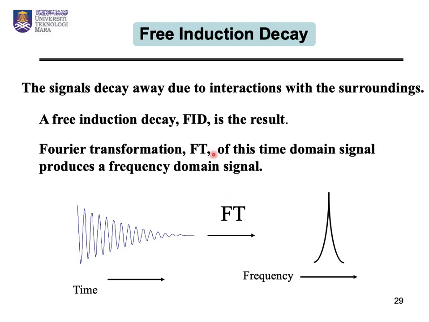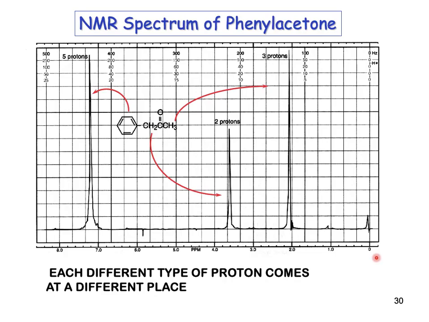FT of this time domain signal produces the frequency domain of the signal, and through this frequency we can get information about the nuclei of an atom present in a molecule. The free induction decay is recorded as a result of the relaxation process, and through a computational method, the Fourier transformation mathematical method, it is converted into the frequency domain.